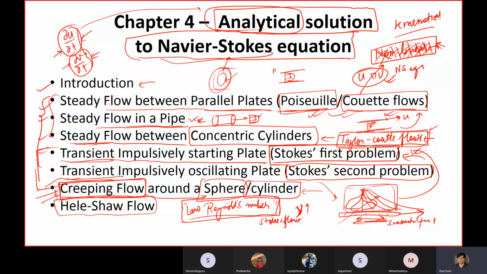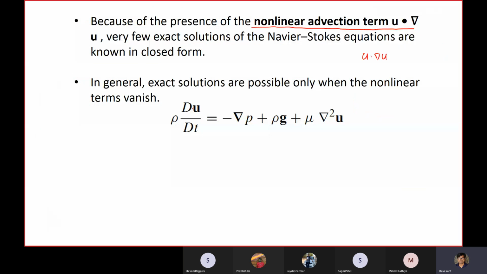But let us start with the steady flow between parallel plates, and try to seek the solution. As I told, because of the presence of the nonlinear advection term u dot del u, essentially this term is sitting on the left hand side of this total derivative term.